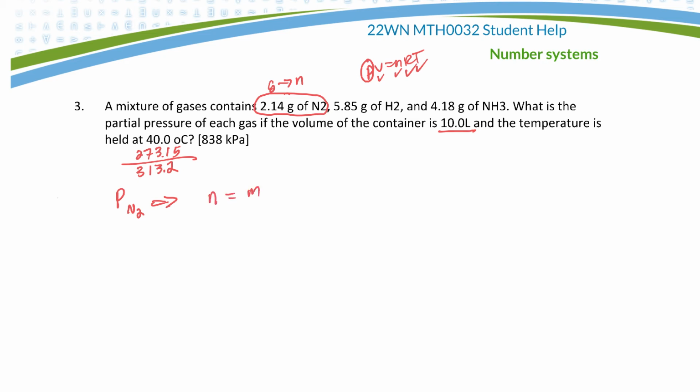Moles are equal to mass over molar mass. The mass is 2.14 grams, divided by the molar mass of nitrogen. Since nitrogen is N2, one nitrogen is 14.01, so two of them will be 28.02 grams.